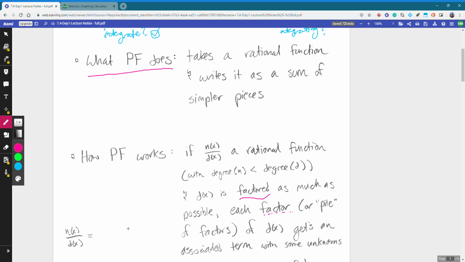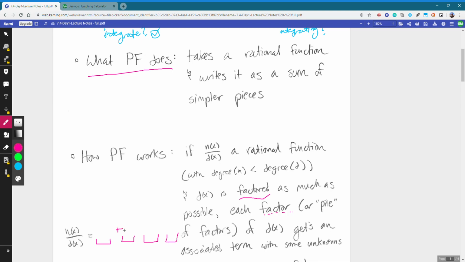an associated term. And so over here, the idea is we start with our original rational function. Well, for each factor or pile of factors in our denominator polynomial, we'll get a particular term on the right-hand side.